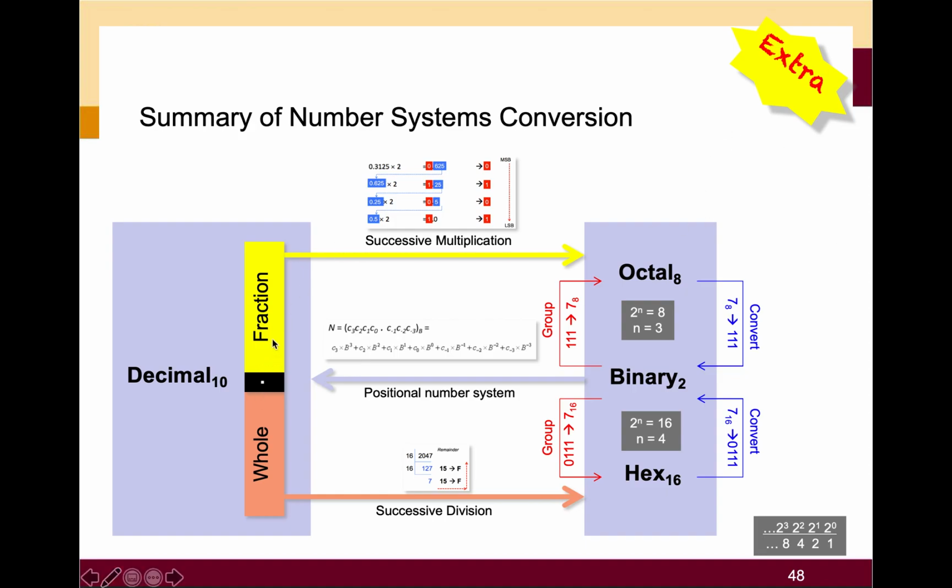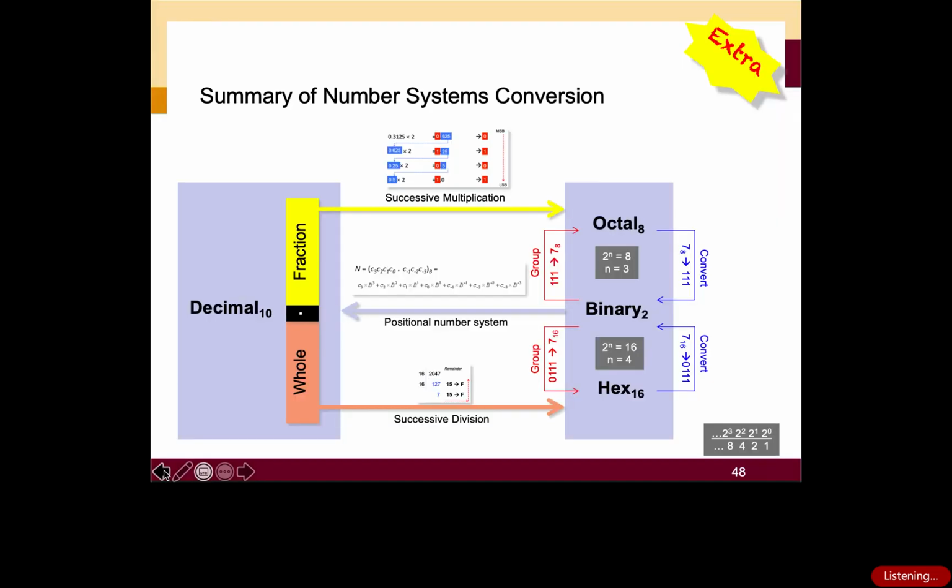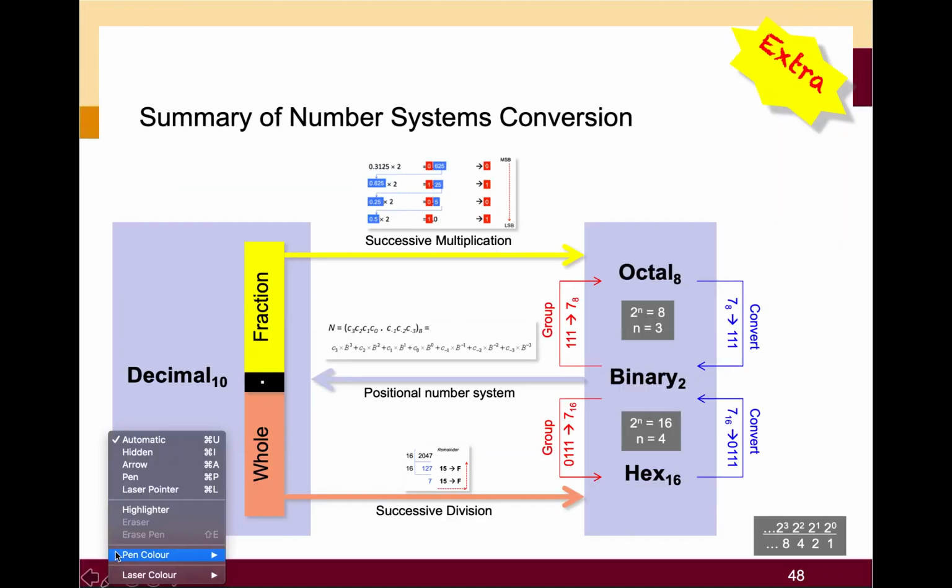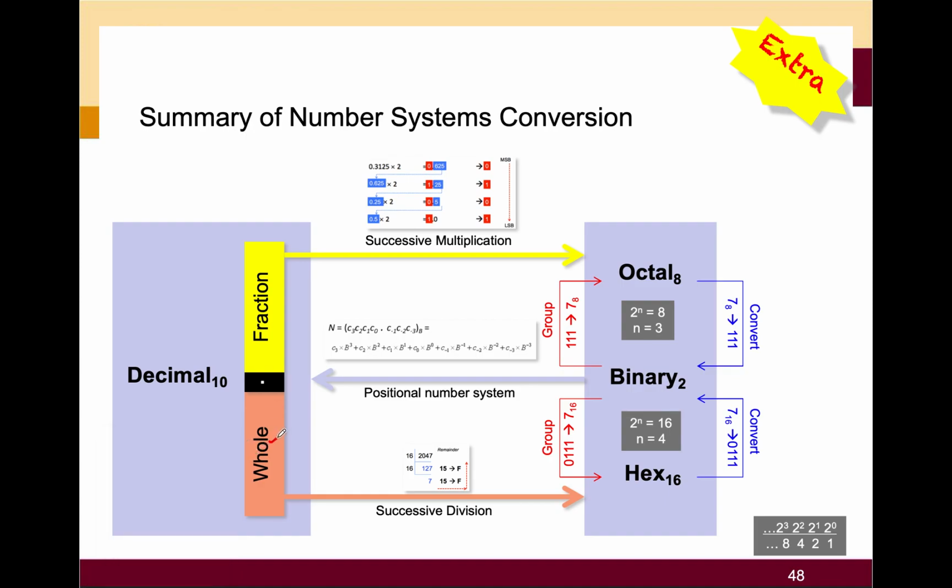If you have decimal of base 10, with the whole number and the fraction, you need to know that if you want to convert it into hexa or binary or octal, you need to use successive division, while if you have fractions, you will use successive multiplication.